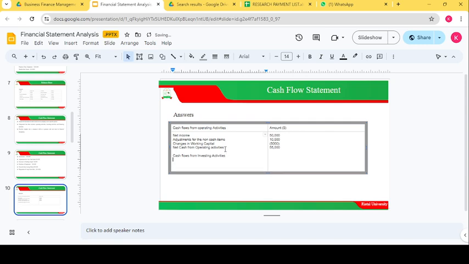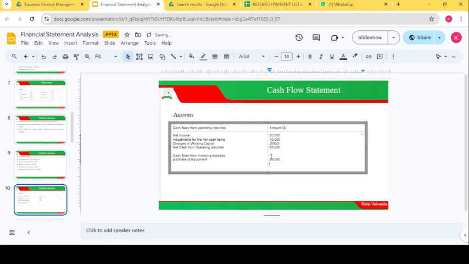Under this, we are given our purchase of equipment, and the amount is 20.